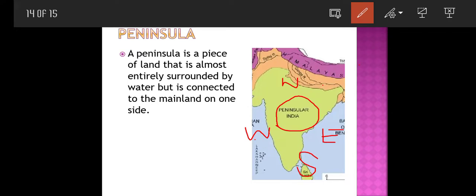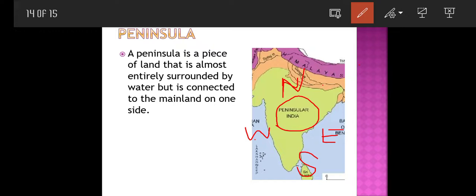Peninsular India, on the south, east, and west side, is surrounded by water. But on its north side, it is connected to the mainland. So that is the basic point about the peninsula.